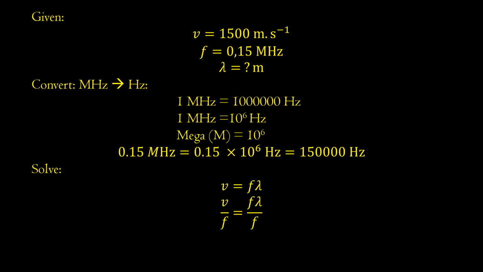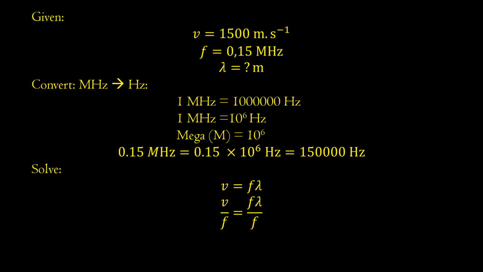One way of doing that is to divide both sides of the equation by f. So on the left hand side we have v divided by f, which equals what is on the right hand side, the frequency f multiplied by lambda, divided by f.